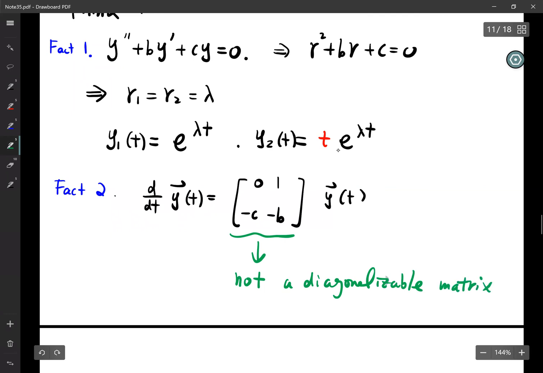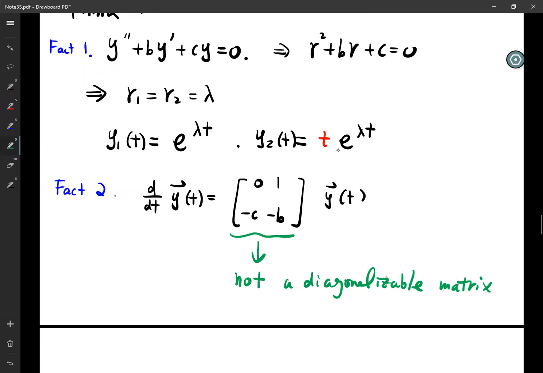So you can work it out after the class and really verify that this is not a diagonalizable matrix, and try to see whether you can come up with a way to handle this kind of thing. That one goes beyond the systematic treatment of such kind of cases, goes beyond this class.